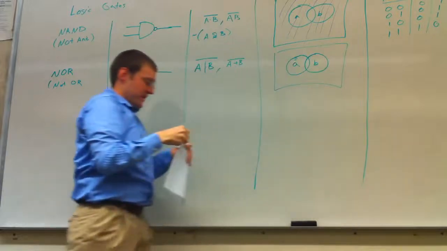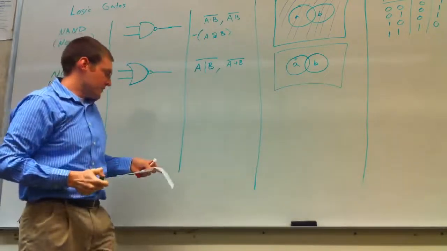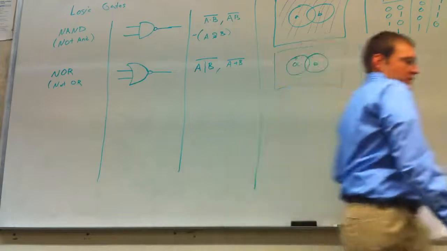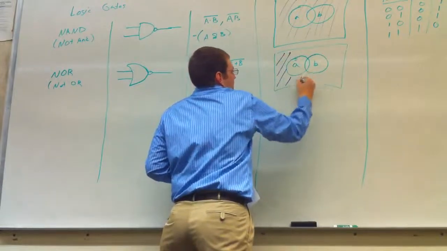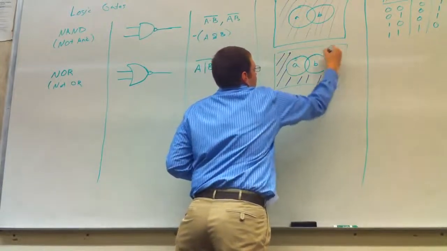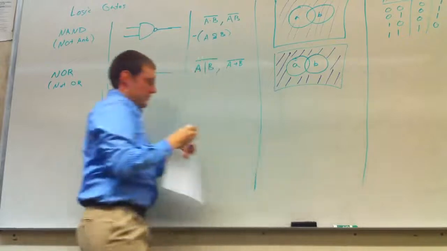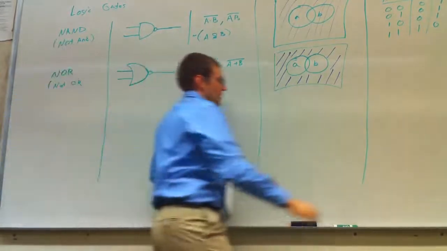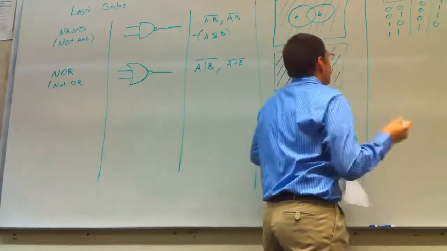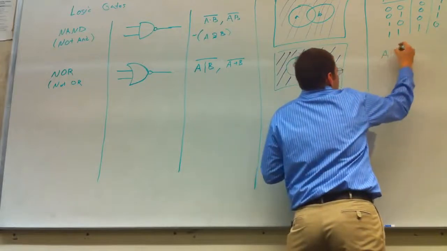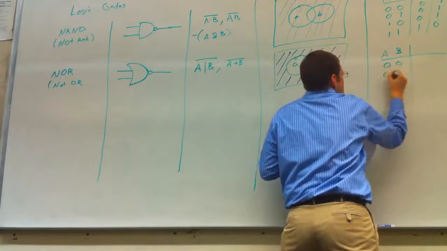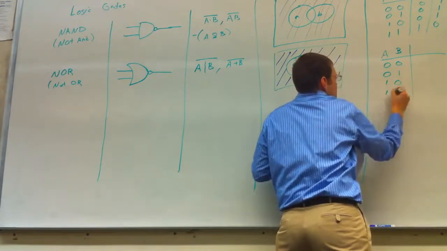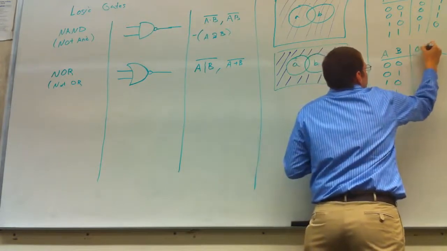So the Venn diagram is, the OR was basically everything that A and B covered. So a not OR is everything outside of A and B. And the truth table, so here's the ORs.